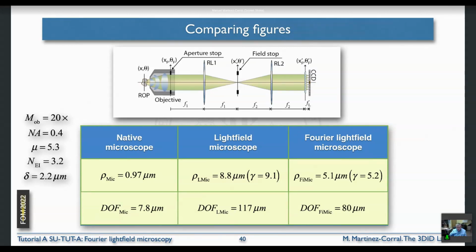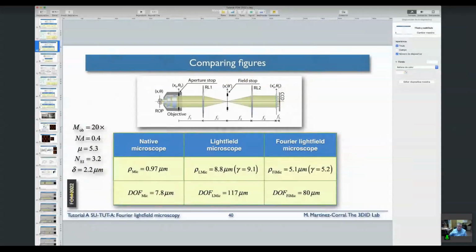So it is normal that here, for example, you have a high depth of field, because you are dealing with poor resolution. So the better the resolution, the worse the depth of field. Mainly it follows the normal relation, not a very special one.